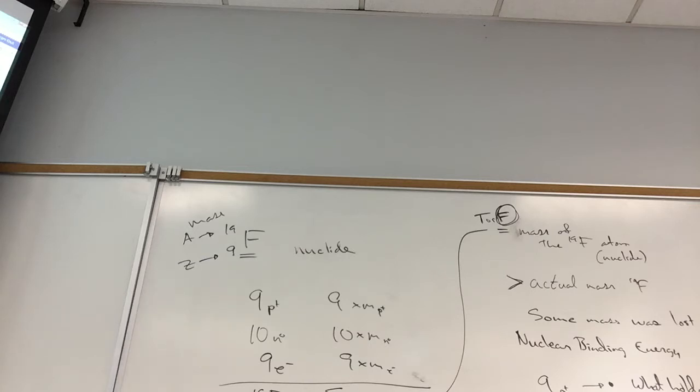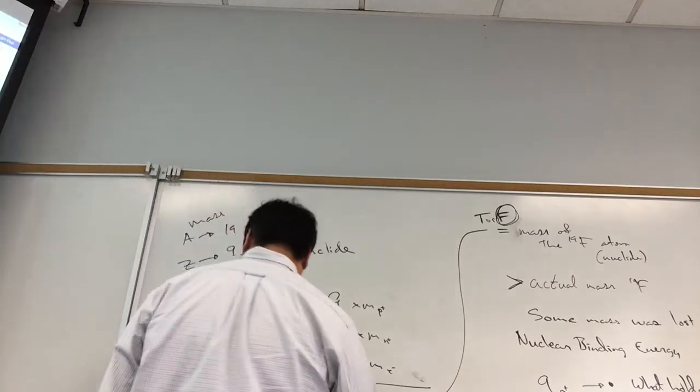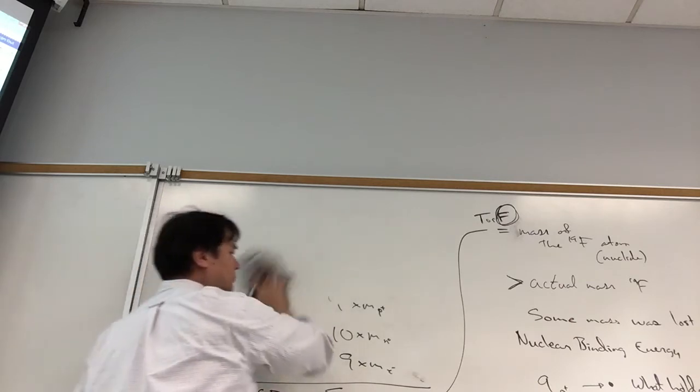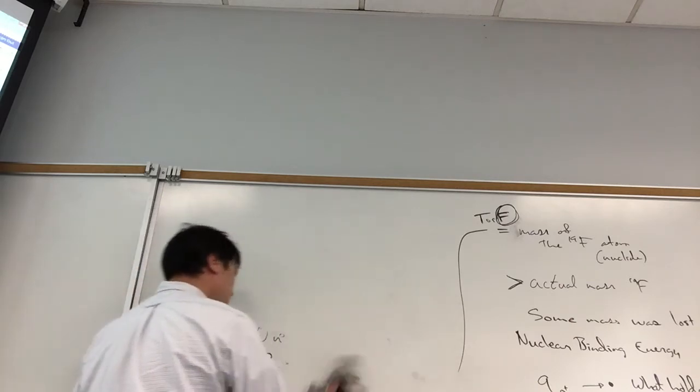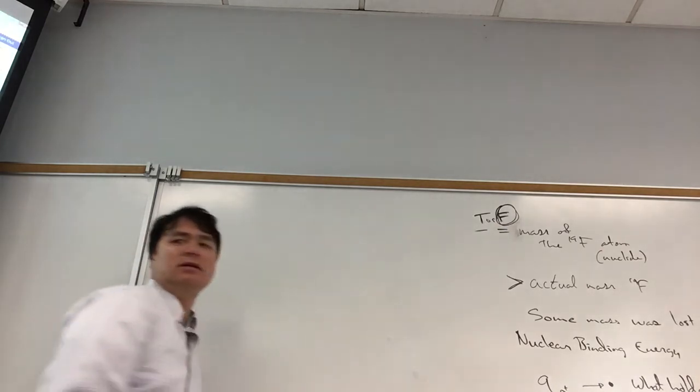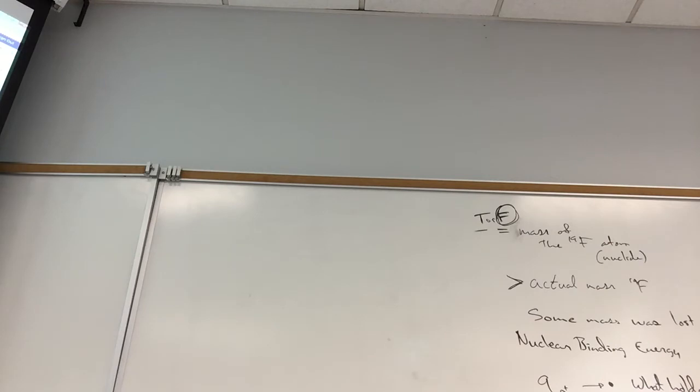There are some nuclei that are very strongly bound, which would have a very high binding energy. There are some nuclei that have very weak binding energies. The ones with very weak binding energies have unstable nuclei, right?